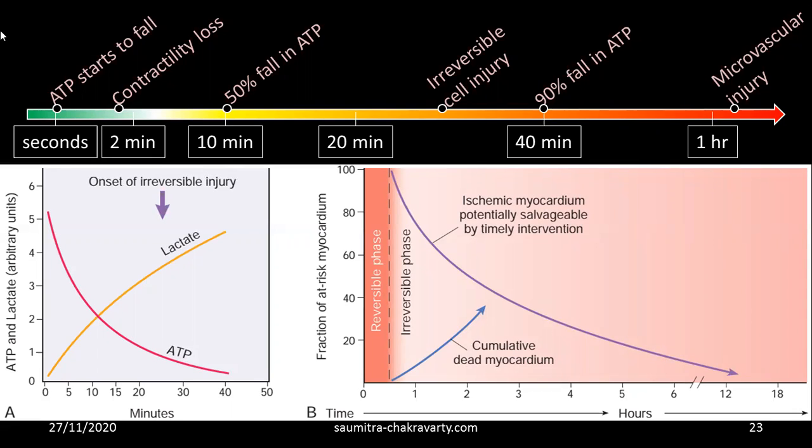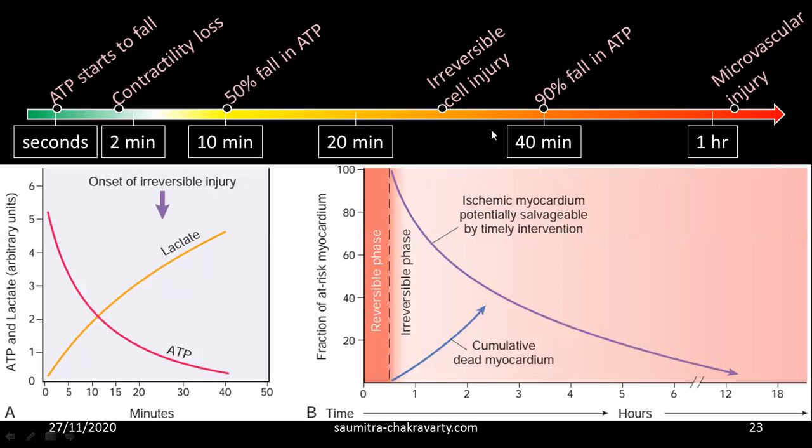The affected muscle can no longer contract. And in 10 minutes, there's a 50% fall in ATP within the affected myocardium. If normal is 100% ATP, then you will find 50% ATP within the cell.